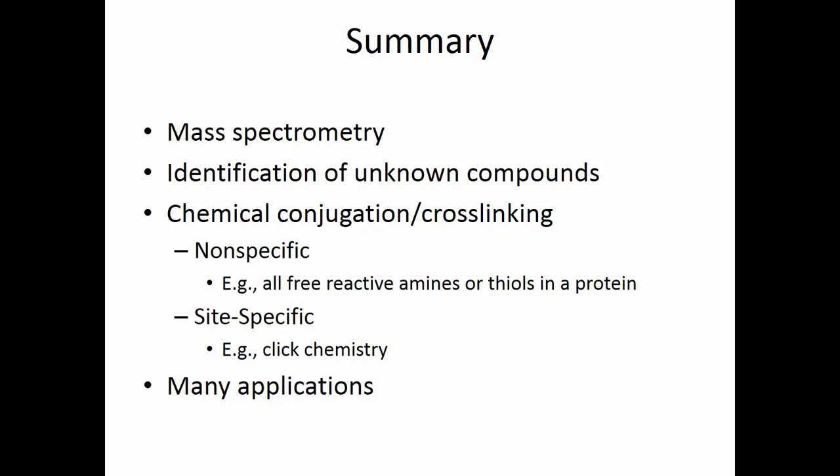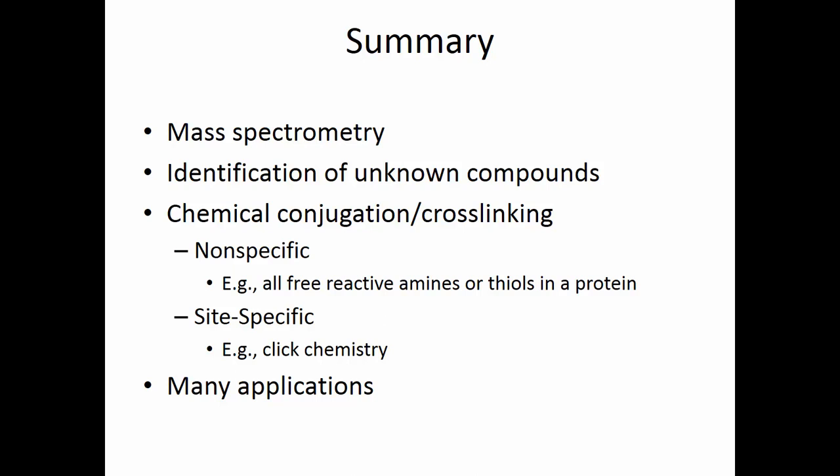Okay, so quick summary. We talked about mass spectrometry way back when, seems like forever ago now, and the identification of unknown compounds. As you know, mass spec is not going to be in the final. We did talk about chemical conjugation and cross-linking. Some of that stuff will be on the final. It's fairly non-specific. We talk about conjugating proteins to other proteins in terms of things like formaldehyde cross-linking and things like that, and the other cross-linkers we took a look at.